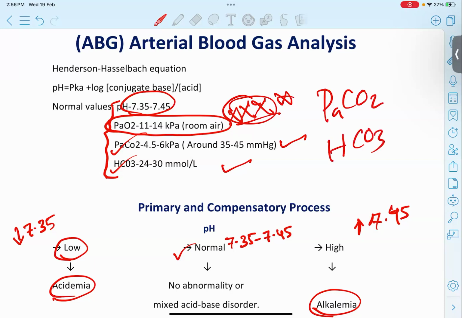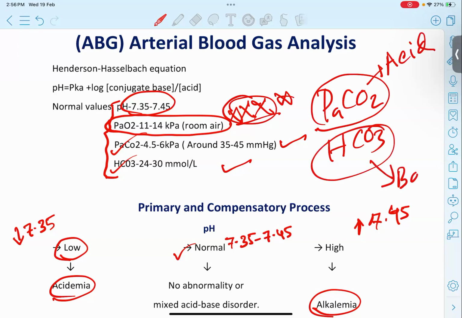Remember that carbon dioxide is an acid and bicarbonate is a base. So high partial pressure of carbon dioxide means the acid level is high, and high bicarbonate means the base level is high.